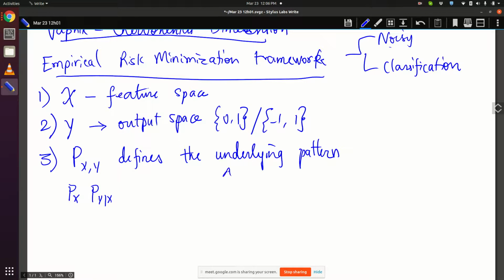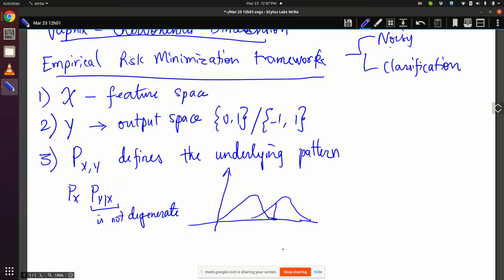If you remember, we looked at the Bayes classifier where there were two different class conditional densities. If you pick any point, there is some chance that it comes from this distribution and some chance that it comes from the other. Both are possible. So p of y given x is not degenerate. Is the point clear? Do you understand the difference between degenerate and not degenerate? For a particular value of x, there is some uncertainty around y.